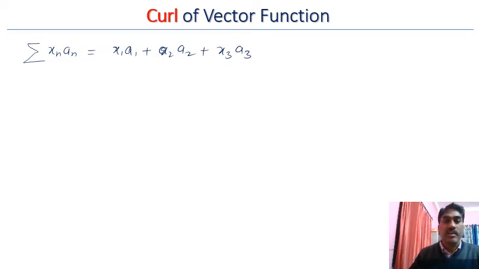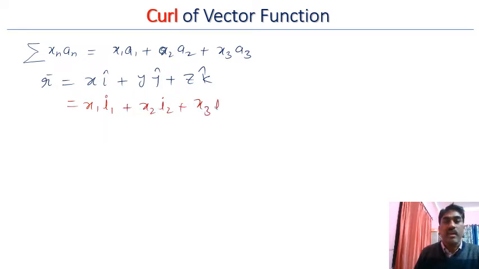So consider the vector r is equal to xi plus yj plus zk. Let us write this in the form x1 i1 plus x2 i2 plus x3 i3. Then we can write it in the convention as sigma x_n i_n.